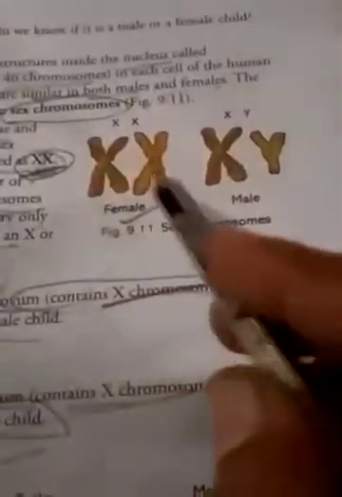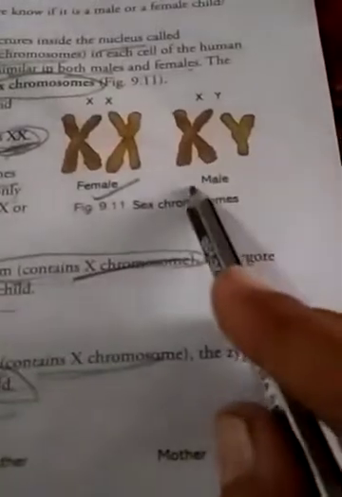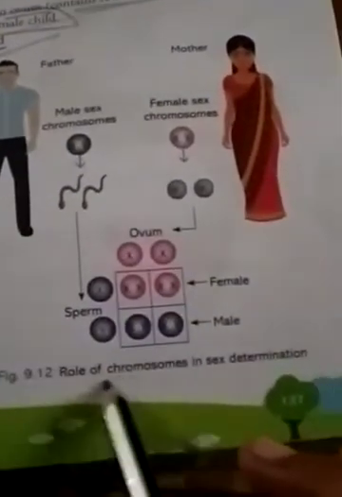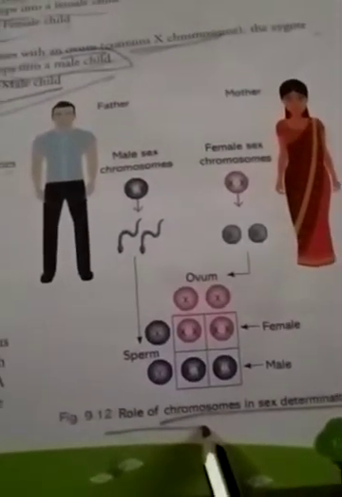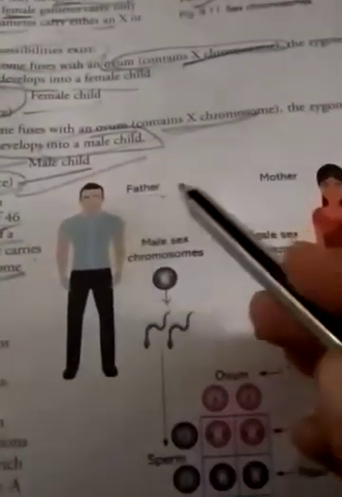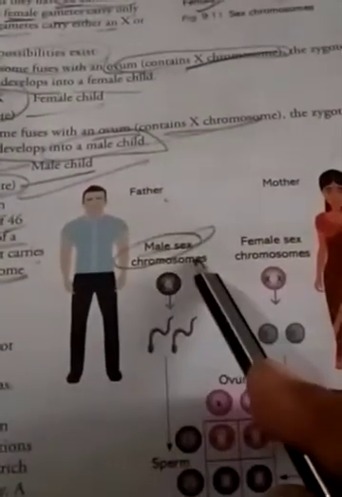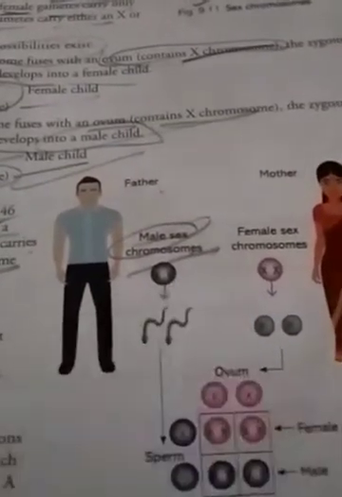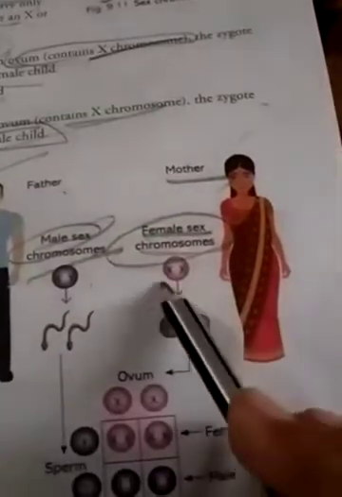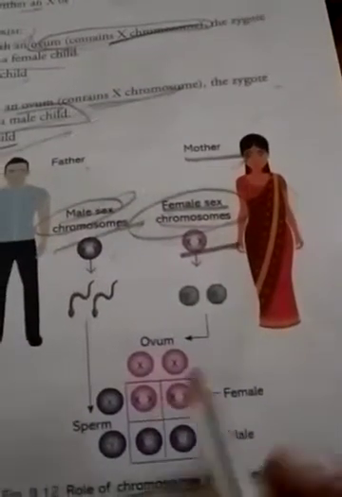Here is the diagrammatic representation: female having XX chromosomes and male having XY chromosomes. And here is the role of chromosomes in sex determination. The father has the male sex chromosomes XY, and the mother has the female sex chromosomes XX.